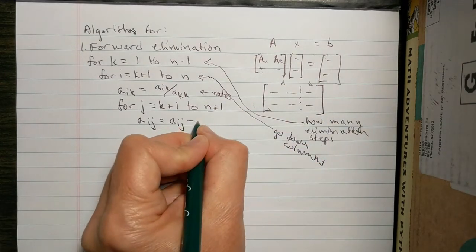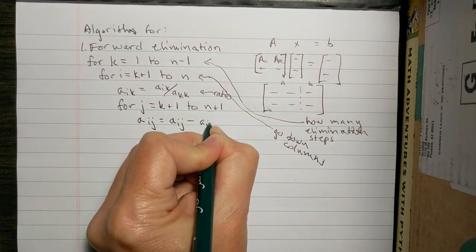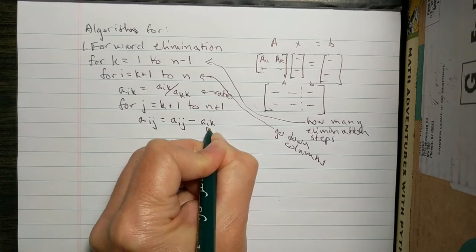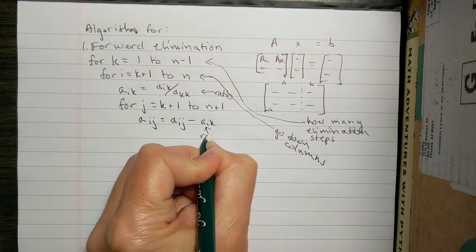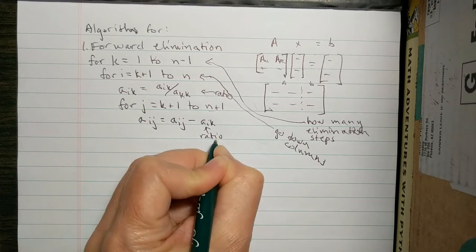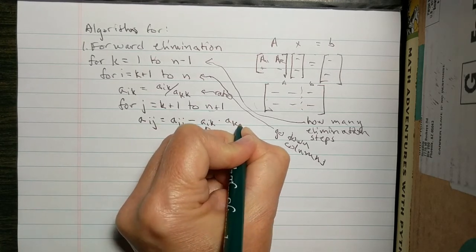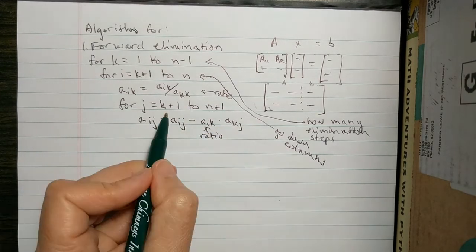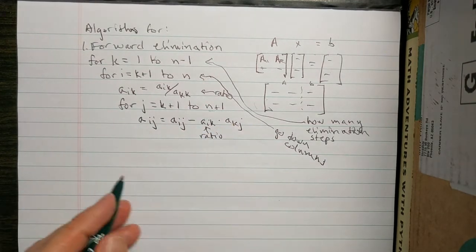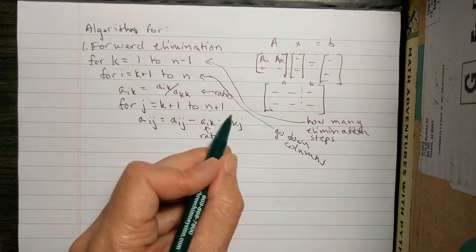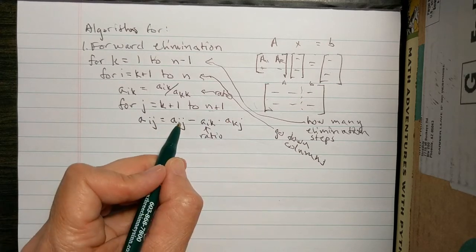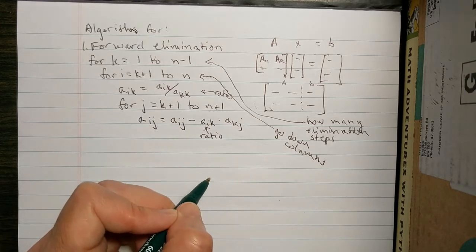All right, so minus a sub ik, this is our ratio, times a sub kj. Or sorry, this is the stuff we're subtracting from this whole row. This is what was in this spot in the row, and we're subtracting the stuff.